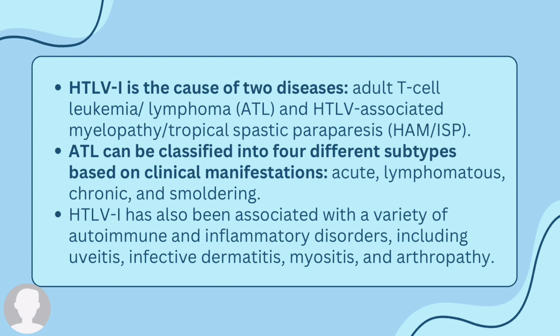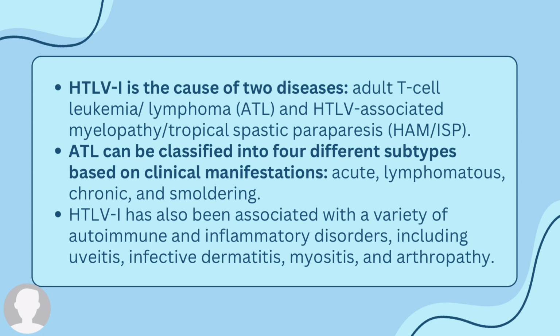HTLV-1 is the cause of two diseases: adult T-cell leukemia or lymphoma (ATL) and HTLV-associated myelopathy/tropical spastic paraparesis, or HAM/TSP. ATL can be classified into four different subtypes based on clinical manifestations: acute, lymphomatous, chronic, and smoldering.